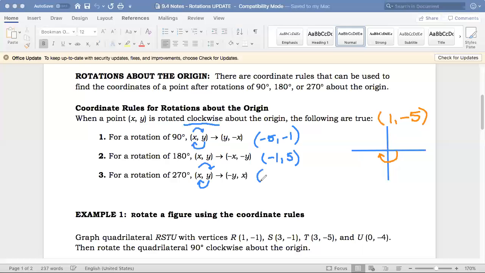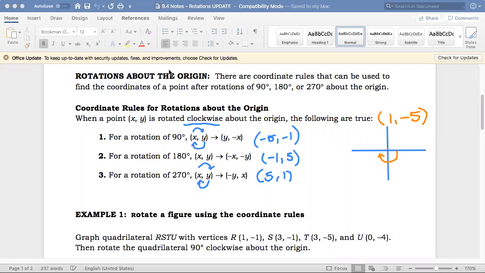So we're going to now have 5, 1 for that 270-degree rotation. Okay? And that's what we're going to do every time. These are those rules that we have. So depending on what our rotation is, that's clockwise, we're going to do these same ones.